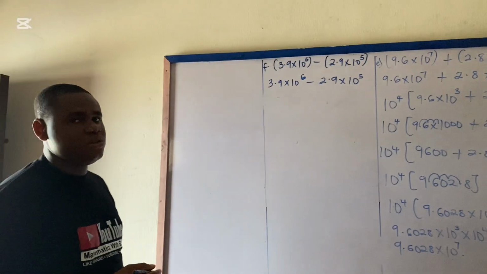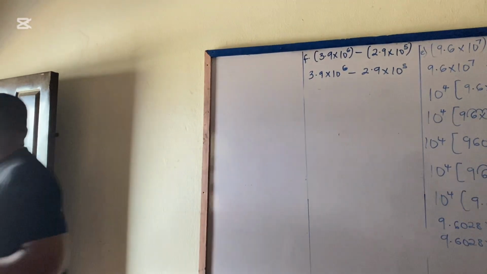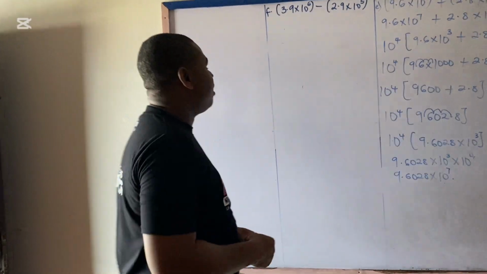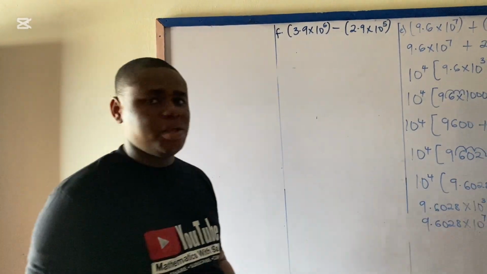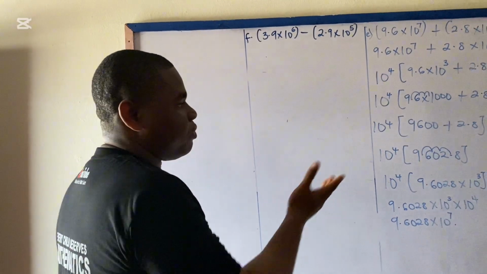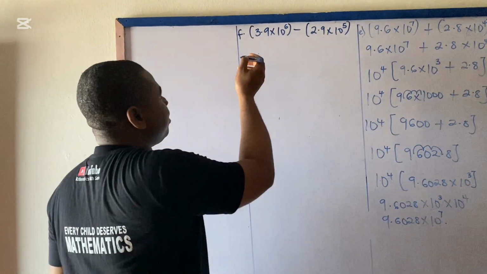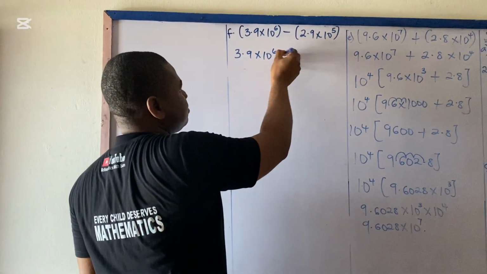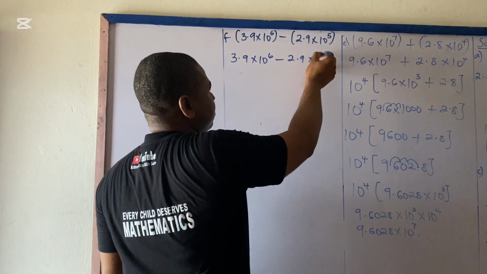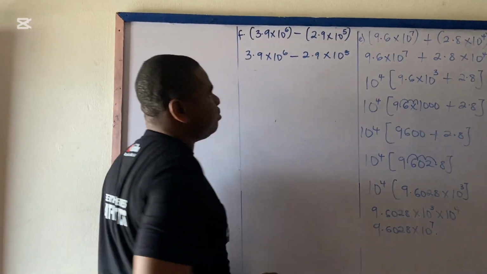The next thing we are going to do, just like we did before, is open the bracket first. So we have 3.9 times 10 raised to the power of 6 minus 2.9 times 10 raised to the power of 5.